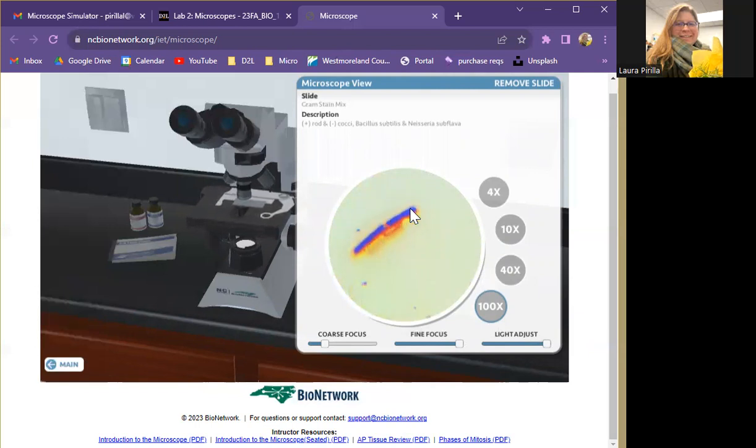Hey, look, now those things that looked like just tiny little blobs and you couldn't really see their shape, now you can see that those purple things have sort of a stick shape to them. And these pink ones, they're like little clusters of circles.